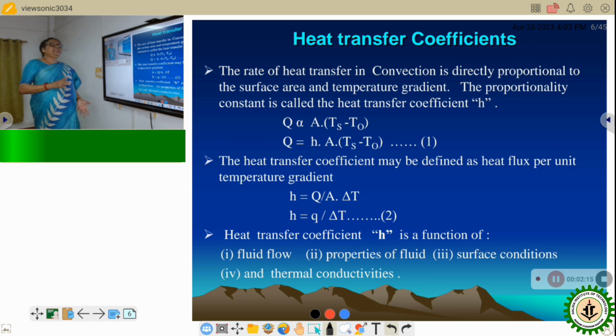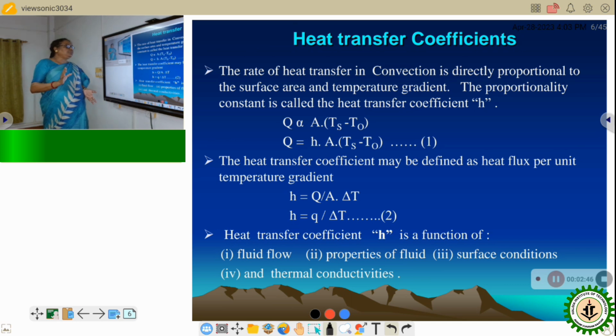Now regarding the heat transfer coefficient, the heat transfer rate in convection is directly proportional to the surface area and the temperature gradient. The proportionality constant is called the heat transfer coefficient. Mathematically, Q, the rate of heat transfer, is proportional to capital A, the surface area, and the temperature gradient Ts minus T0.